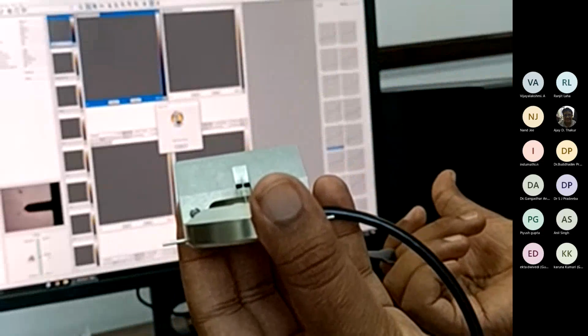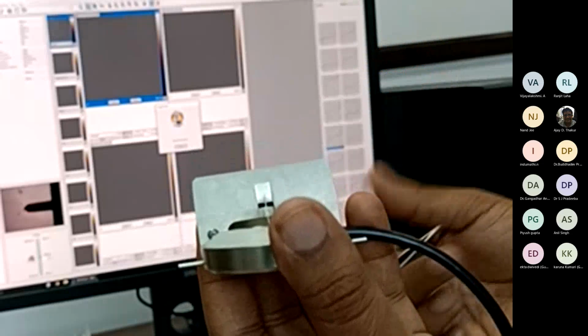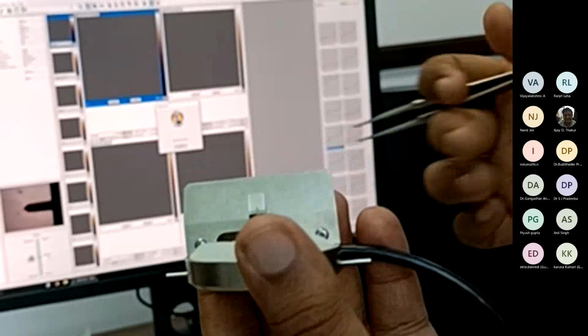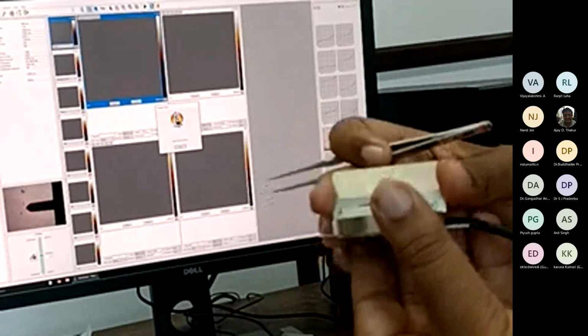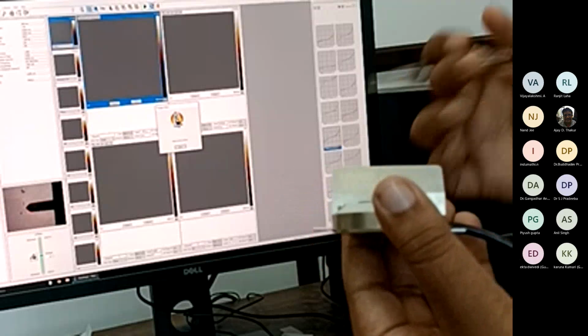Maybe for HOPG, we can get atomic resolution within 1 hour, but this is not possible for AFM at ambient condition. So the main limitation of STM is it requires a conducting substrate.